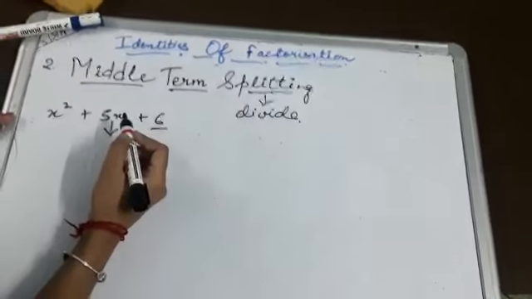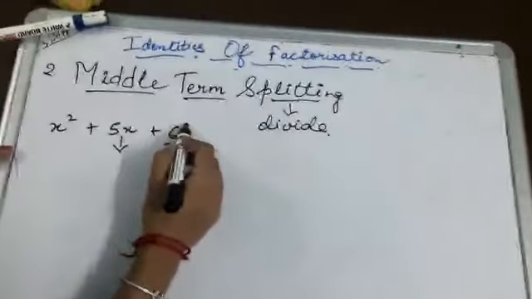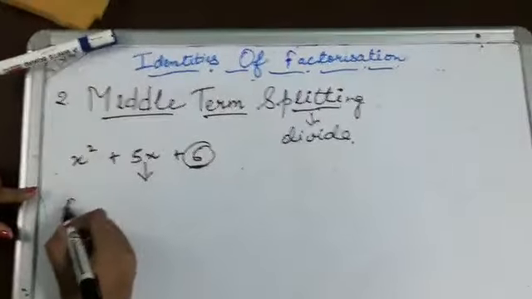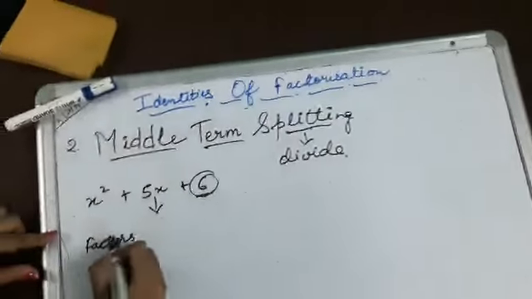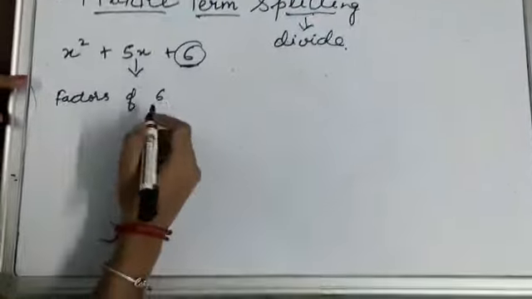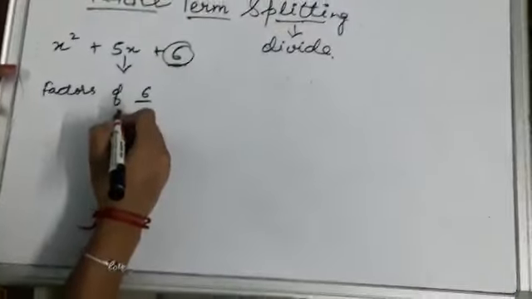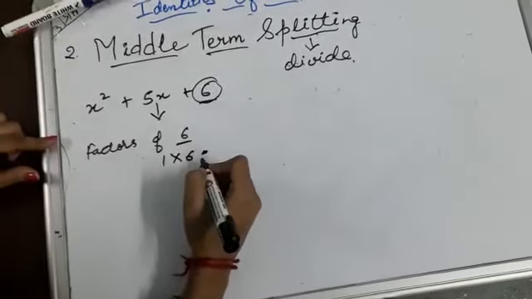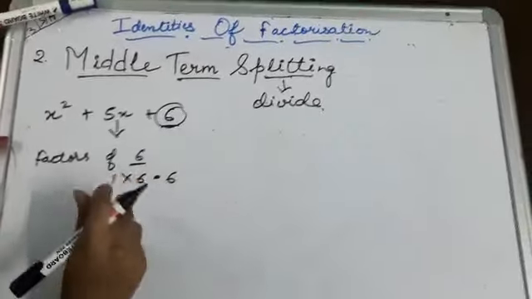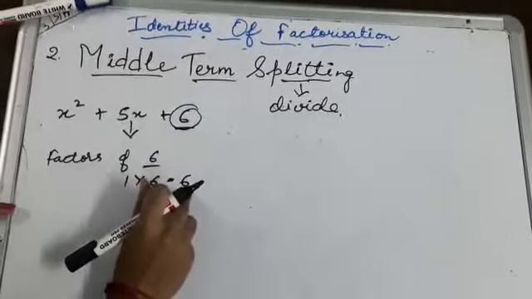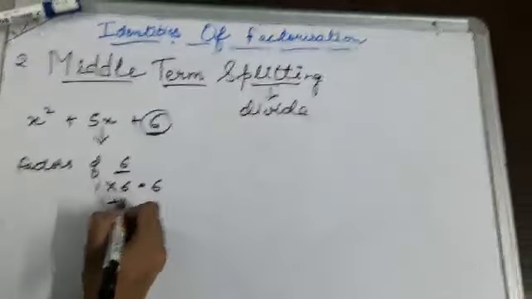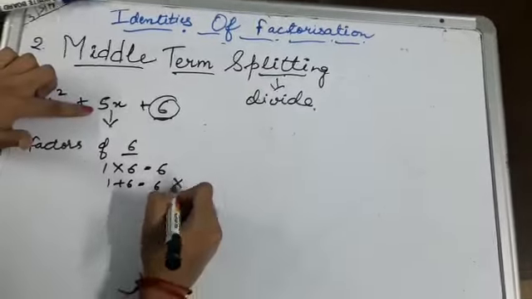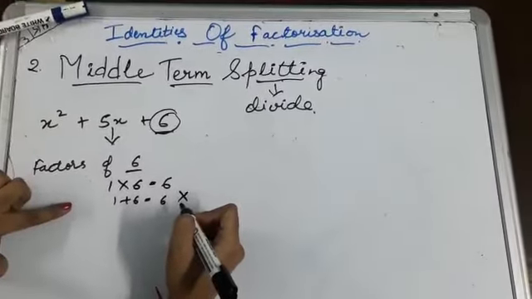So we have to see what the factors of the number 6 are. Factors of 6: that is 1 into 6. If we multiply 1 by 6 we get 6, but by adding 1 plus 6 we don't get 5. So this situation will not satisfy.